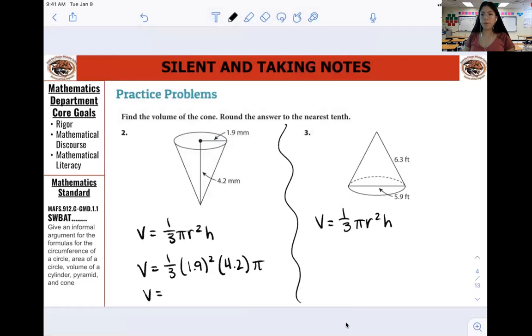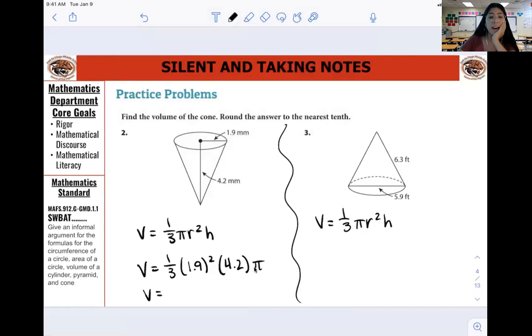All right, take about 1 more minute. And we're rounding to the nearest tenth in this case. Miss, did you say you wanted us to do it in terms of pi?